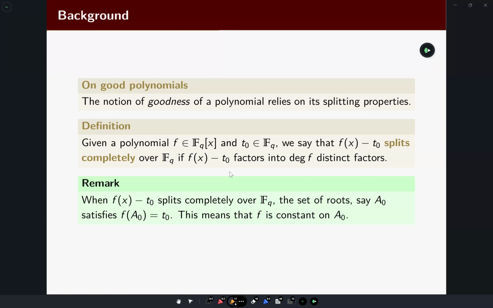The reason why it is connected to the previous definition is that anytime we have a point t₀ for which f(x) − t₀ splits completely, then the set of roots is a set where f is constant. So as you can see, finding a set where f is constant is equivalent to finding a point t₀ for which f(x) − t₀ splits completely.